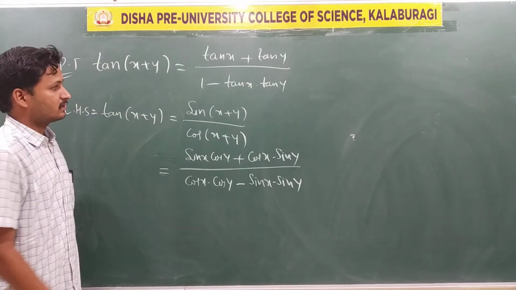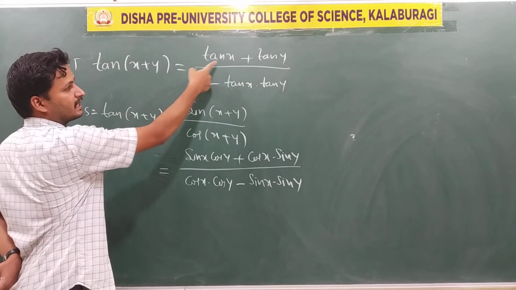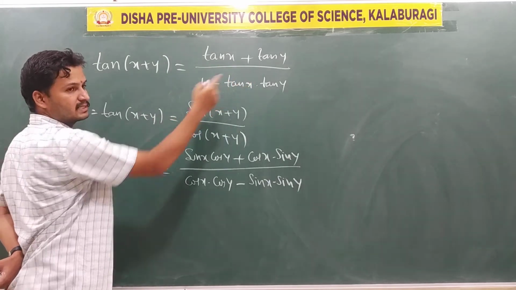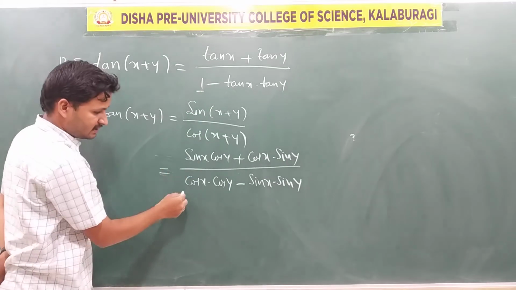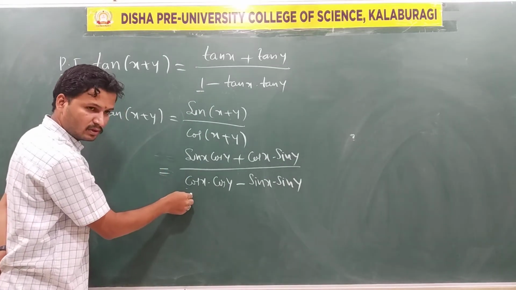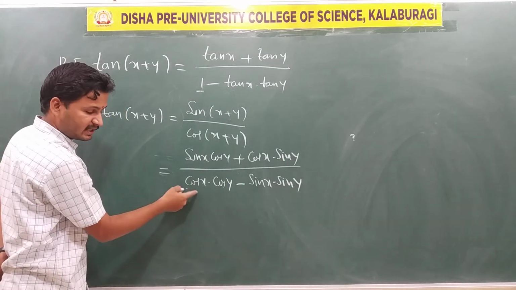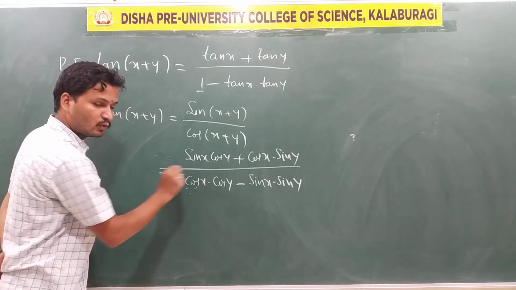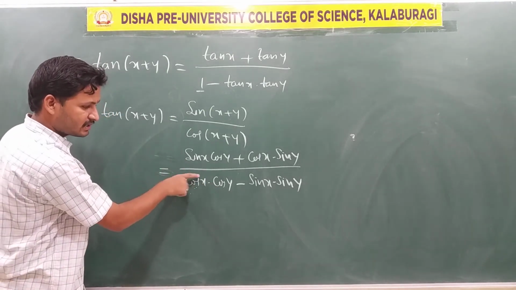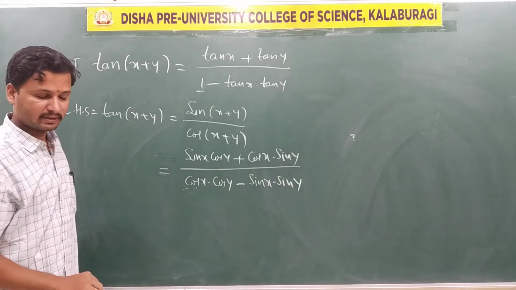And then next, we need to prove tan x plus tan y divided by 1 minus tan x into tan y. So here we need a 1. So divide numerator and denominator by cos x into cos y. For this term to become 1, we divide numerator and denominator by cos x into cos y.